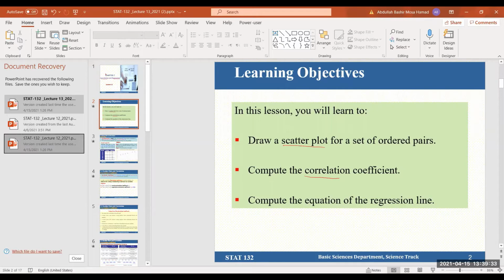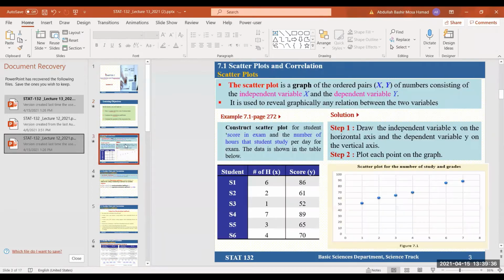Let's see an example. Here we have an example about students' score in an exam and the number of hours that a student studies per day. So we have two variables, X and Y. X is the student's studying hours, and score is Y. We have 6 students, S1, S2 to S6.